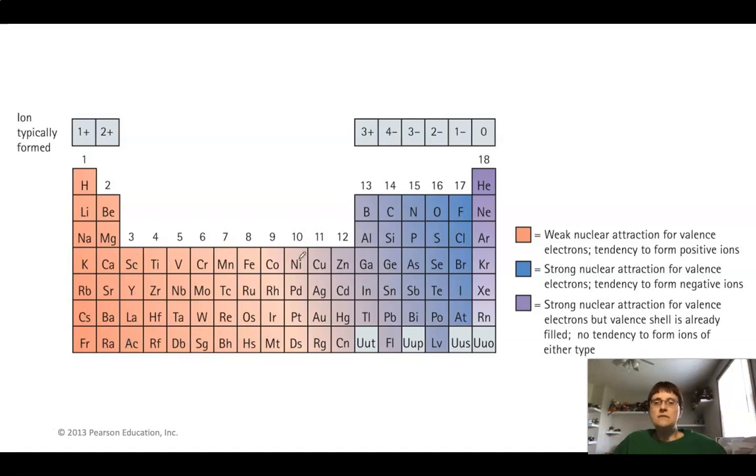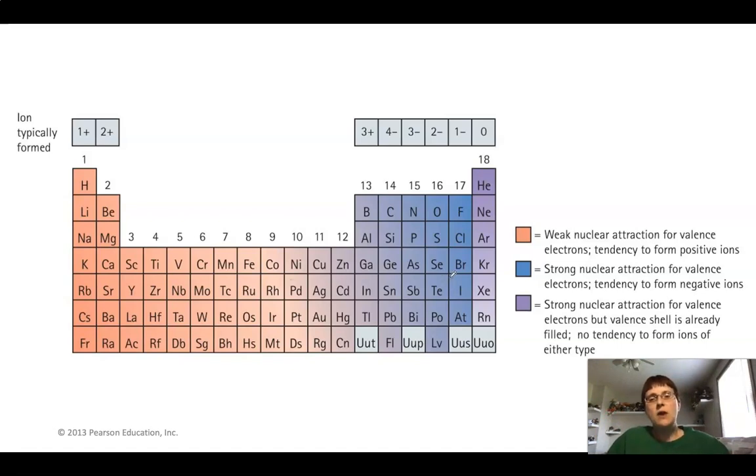Pretty much all of the transition metals are going to become positive ions. They have a very weak attraction for those electrons. So they don't tend to hold on to the ones that are farther out. And so they will tend to give them up, mainly because they only have 1 or 2 of them in that outermost shell.